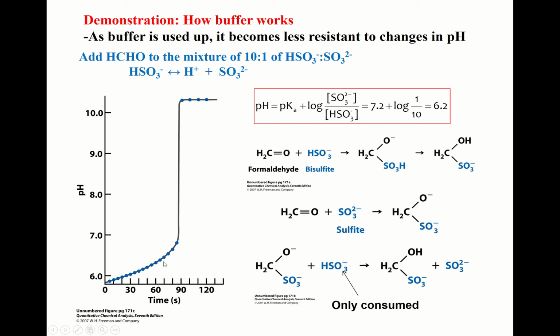Here, the pH increases slowly. Why? Because the bisulfite is being consumed, and then after it is almost consumed, the pH suddenly increases. All right.